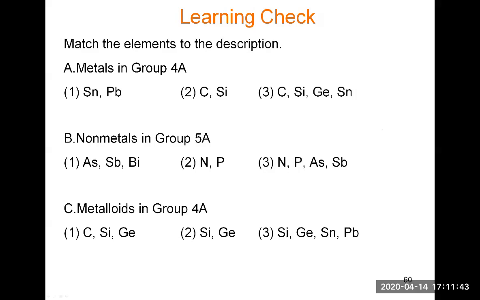So the answer is Sn and Pb, because it's group 4A and only the metals, and in group 4A the group is cut by the staircase. You first have carbon and silicon, which are non-metals, and then the metals are only tin and lead, because germanium is a metalloid.